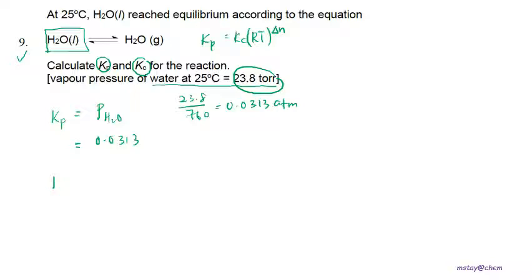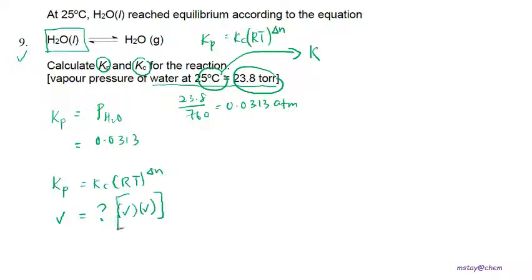Then next we are going to use the formula Kp equal to Kc RT delta N. This time we have the Kp value, but we don't have the Kc value. The R value we also have. The T value, the temperature, is given. Make sure you convert it to Kelvin. And then the delta N in this case is, for the number of moles of gas over here, 1.